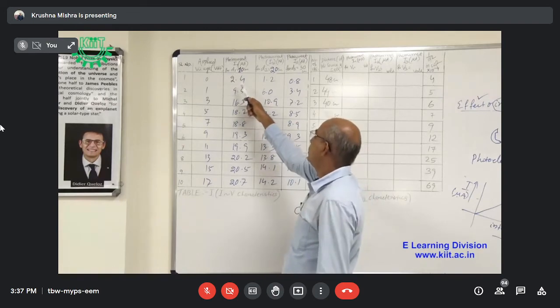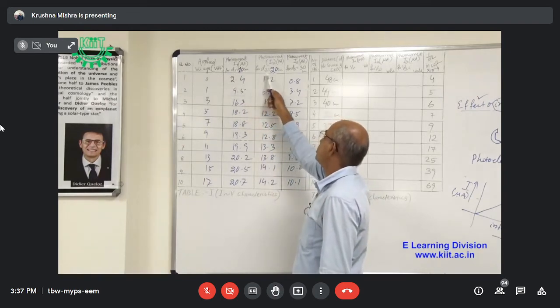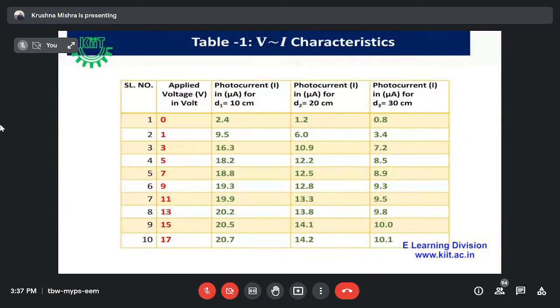Then when we increase the distance by 10 cm, we can see easily that the intensity gradually decreases. That is why the photocurrent is gradually decreasing, because we have decreased the intensity of light by increasing the distance between source and cell.